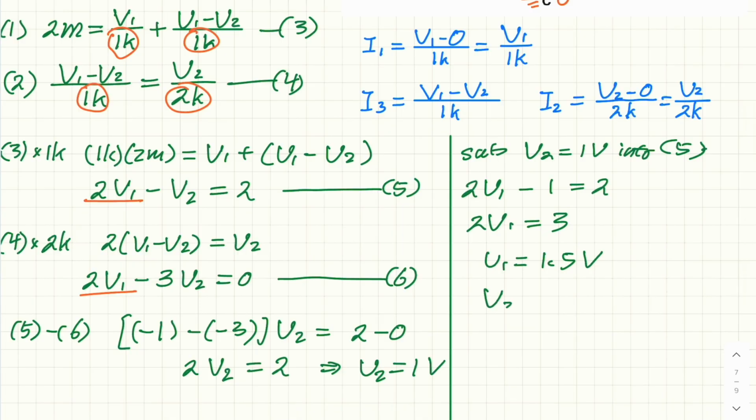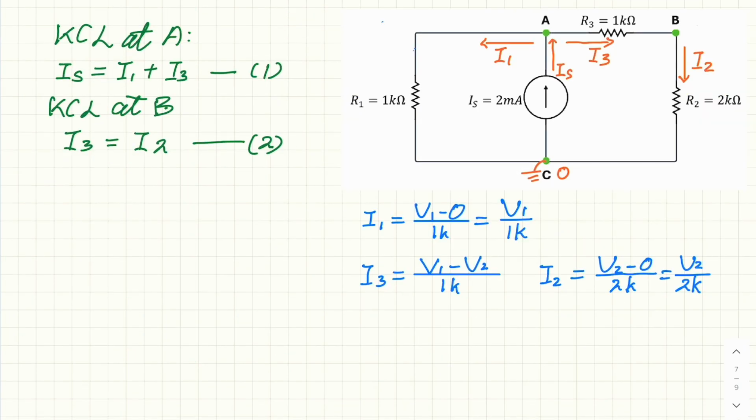So just put it here. V2 equal to 1 volt. So this is the solution. So we found that V1, it means the potential at A, is equal to 1.5 volt. And the potential at B, which is V2, is equal to 1 volt.